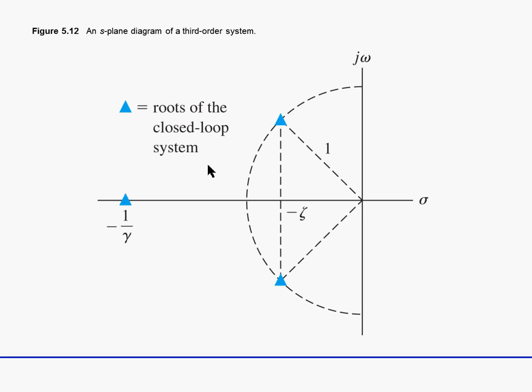Okay. I mentioned to you about the location of the roots and what they mean. What you have in here is an example of a set of roots, complex conjugate pairs.